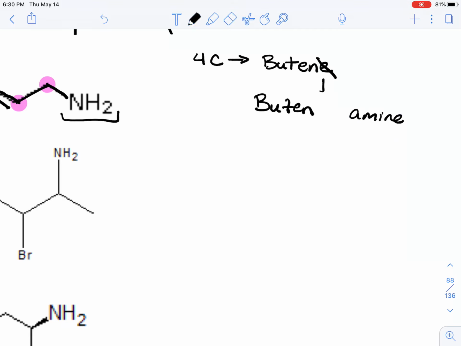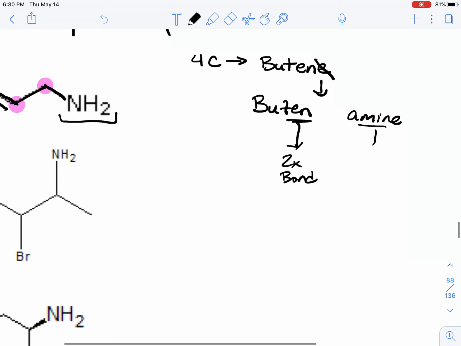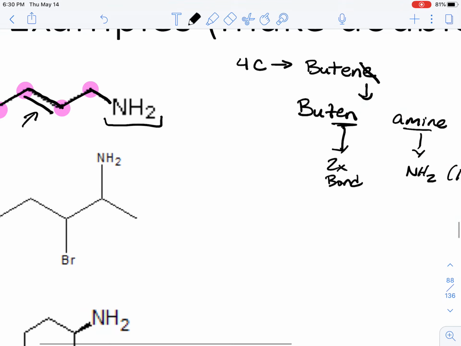Remember, the en represents the double bond, and amine is the functional group, NH2. It's primary. Okay. And if you put a number in front of butene, then that number is going to represent the carbon number in which the double bond starts.